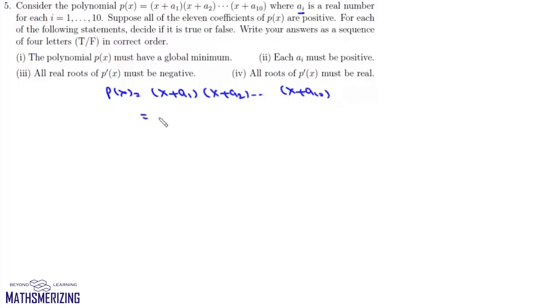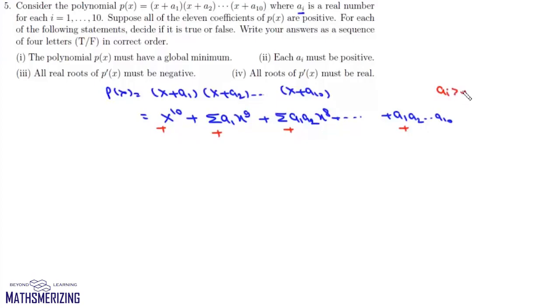If we multiply them, we can write x to the power 10 plus cyclic summation a1 into x to the power 9 plus cyclic summation a1 a2 x to the power 8, and finally it will be a1 a2 up to a10. Now it says all the 11 coefficients are positive. That means all the ai's must be greater than 0. So the second one is true.